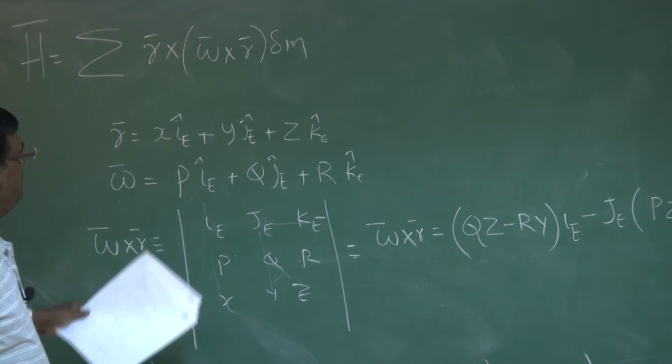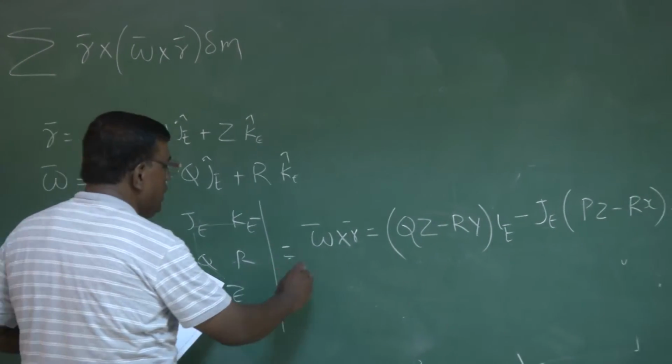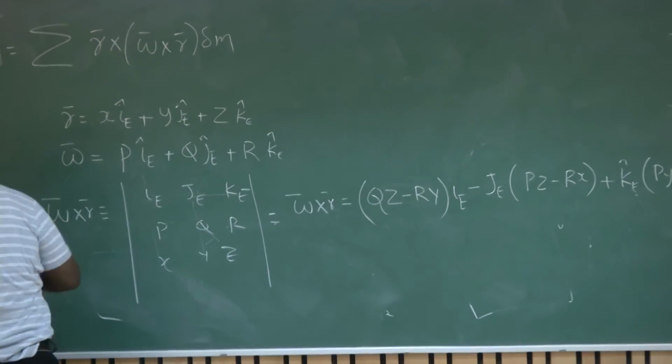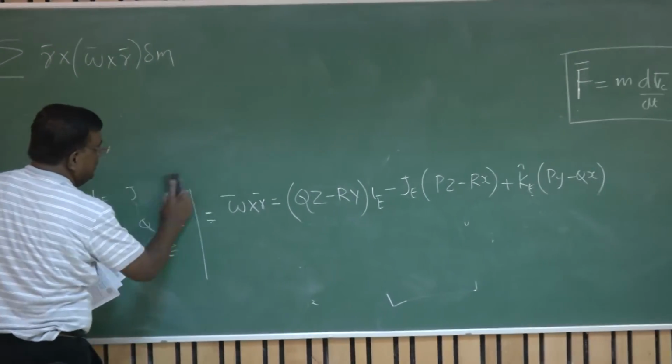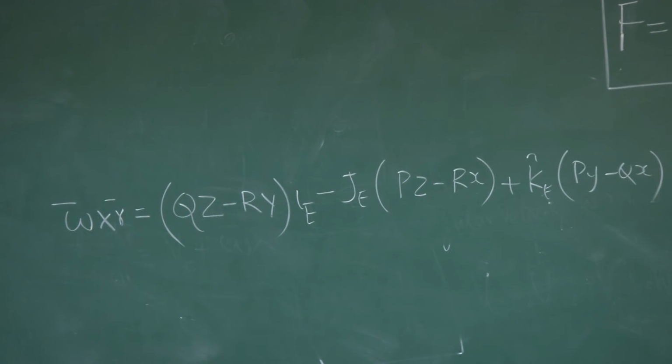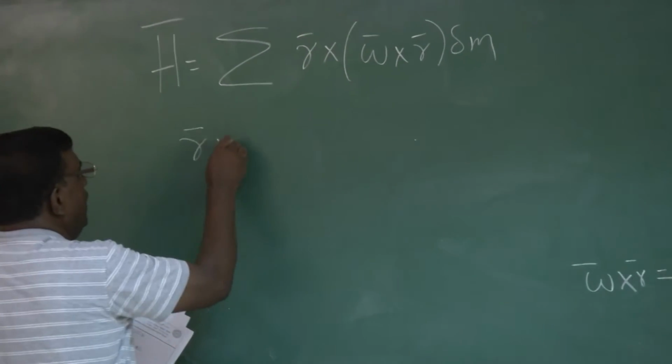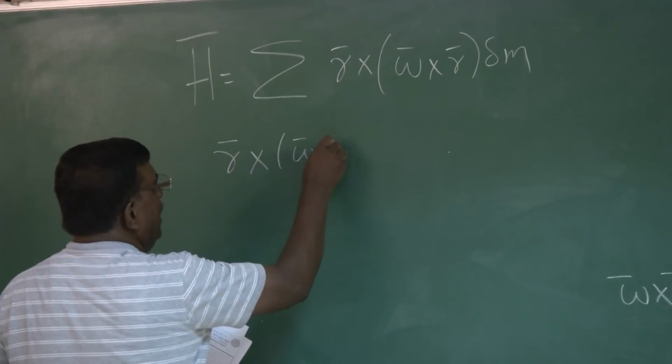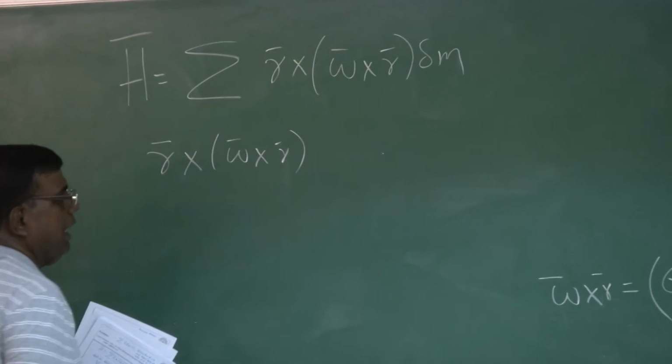What is our aim? We define r cross omega cross r. So what will happen? I erase this now. The omega cross r expression is there, and now we write r cross omega cross r. You can do it mechanically.